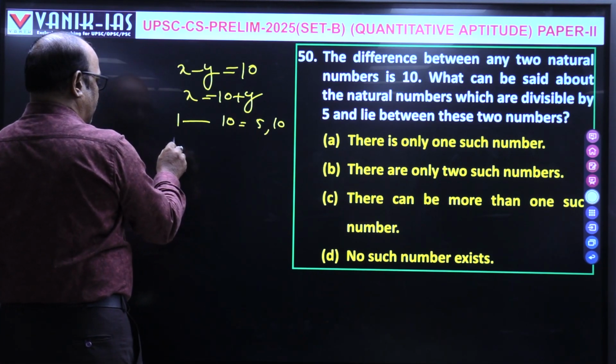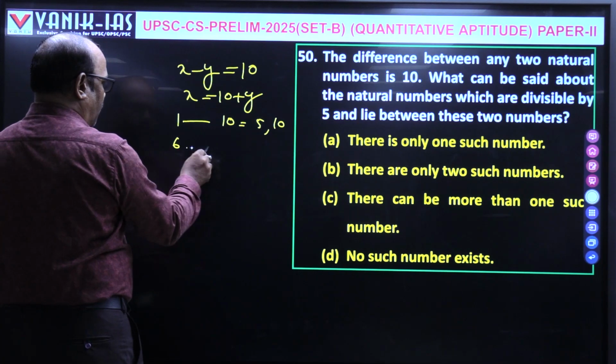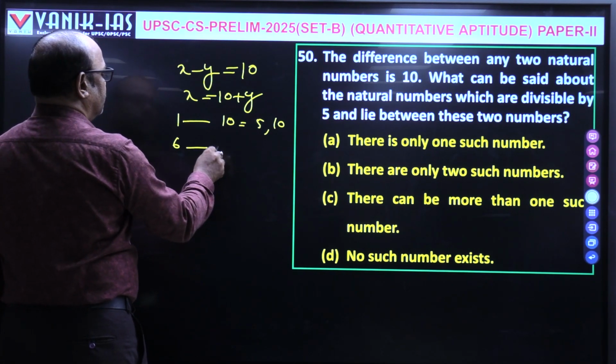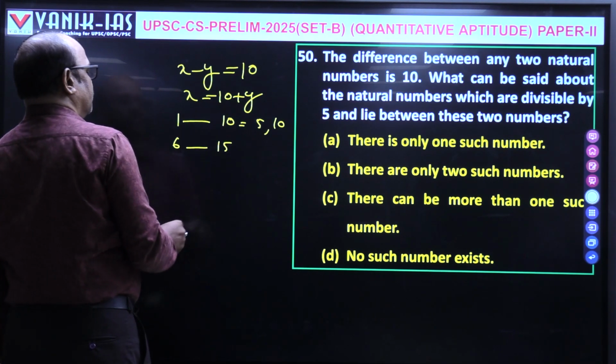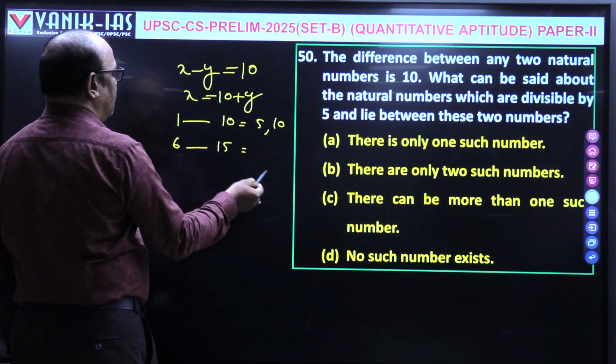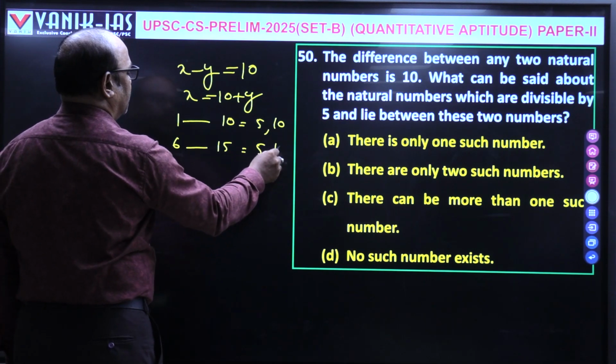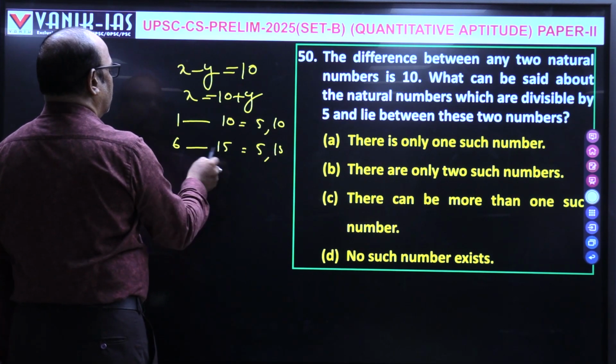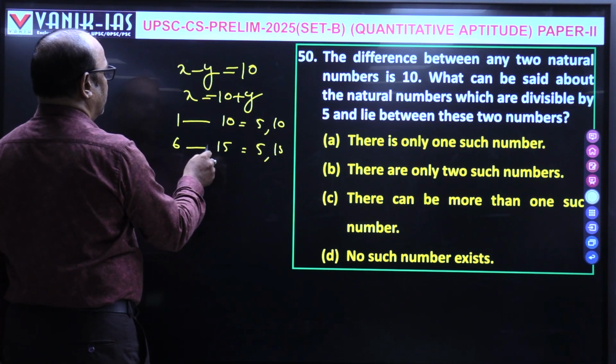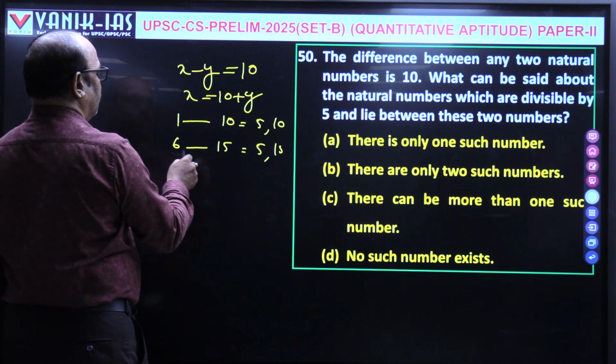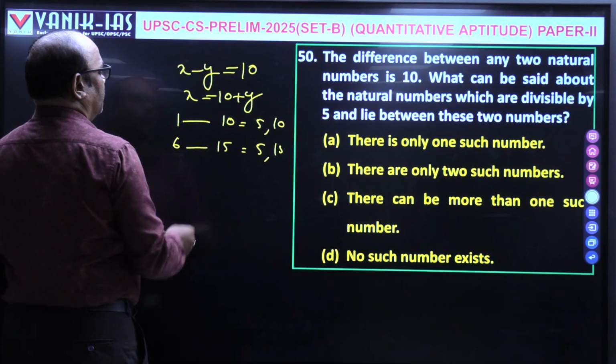If we take 6 to 15, also 10 numbers, so two numbers are divisible, that is 10 and 15, that is 15 minus 6, 9, plus 1, 10. 5, 10, 15.